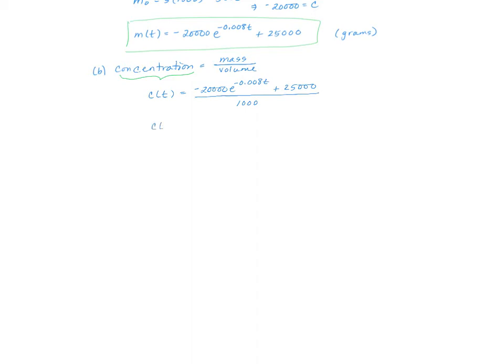When we simplify this equation, the concentration of sugar at any time is going to be equal to negative 20 e to the negative 0.008 t plus 25. And when we talk about concentration, concentration is grams per liter, so the amount of sugar in grams per liter of water in this case.